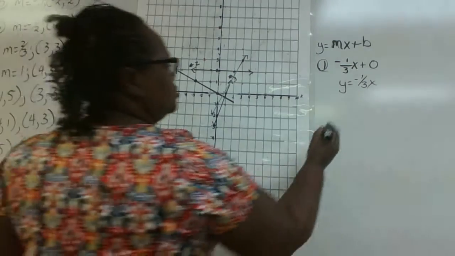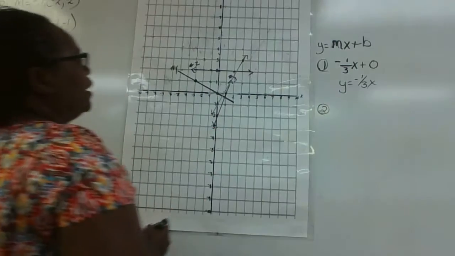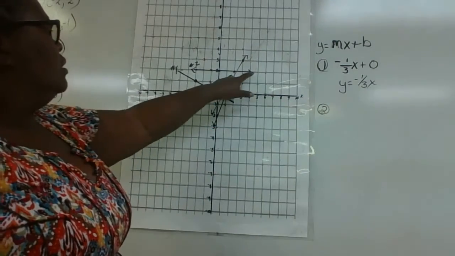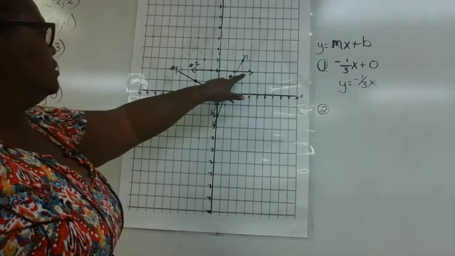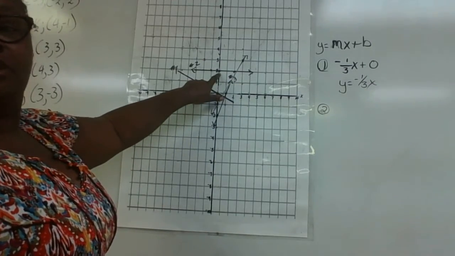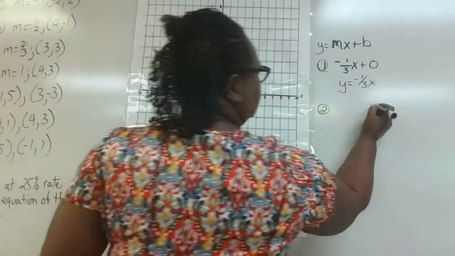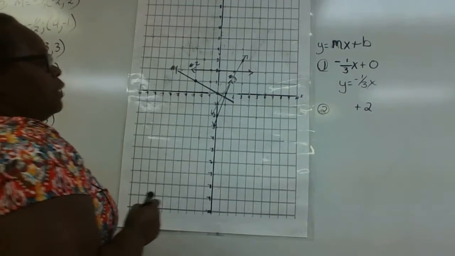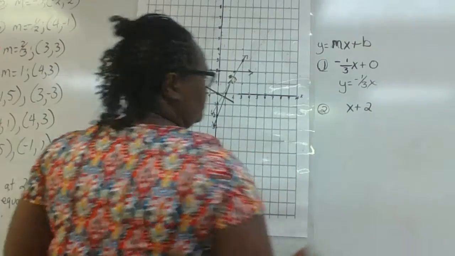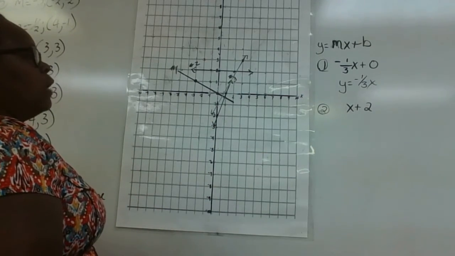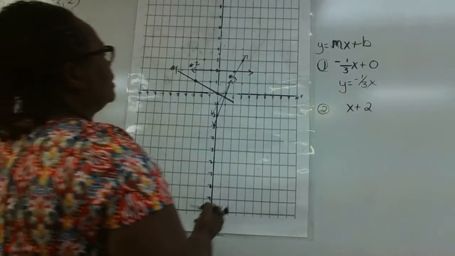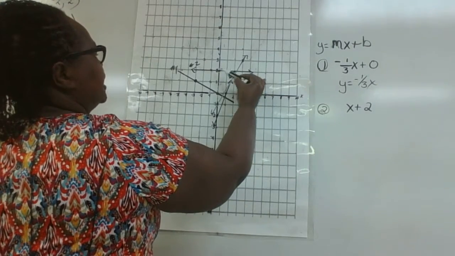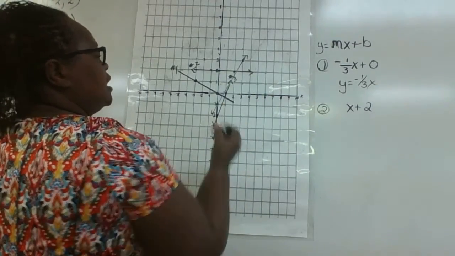All right, on number 2, we want to see where this crosses the y-axis, okay? We discover it crosses at 2. That's our intercept. So there's 2, all right? Then we discover that we have an x, okay? Keep our x. Now, what is our slope? Well, when we take a look from this line to this line, did we rise any?